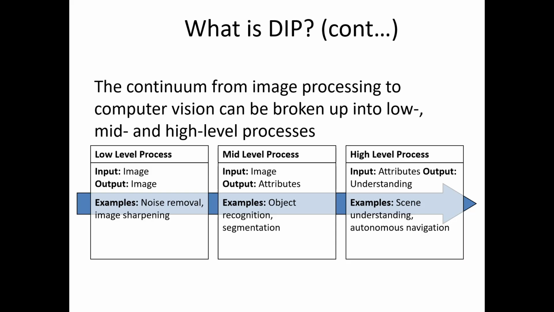Mid-level processes mean you give an image as input and the output is attributes, for example object recognition and segmentation. High-level processes mean you give attributes as input and you get some information or understanding from the image as output, for example scene understanding and autonomous navigation.